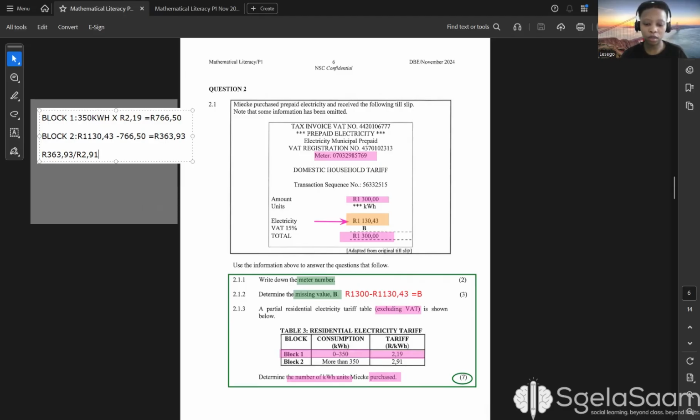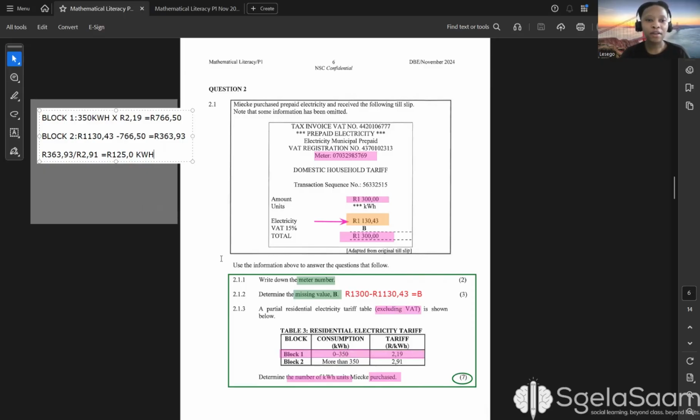So we're reversing 2 Rand, comma 91, which is a total of 125 kilowatts per hour. So that is kWh. So it's 125 kilowatts per hour that are used in block 2 and 350 kilowatts per hour that are used in block 1.